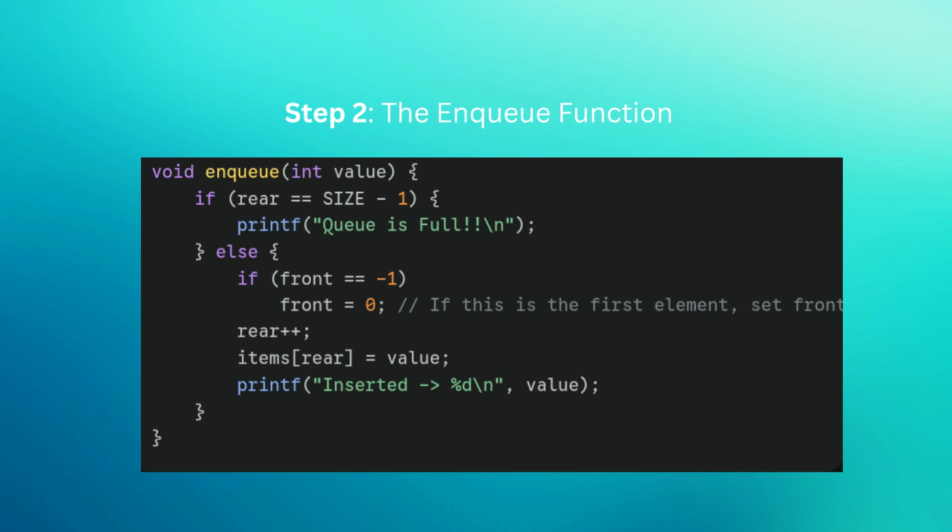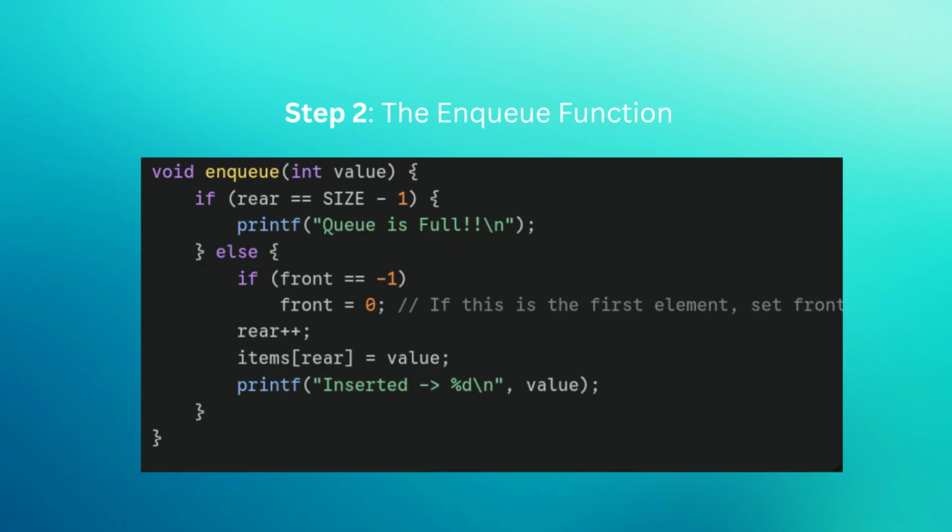Now, our rear is incremented. Then, let's assign the items in the rear with the corresponding value, and we will print "inserted" and print the values in the queue.